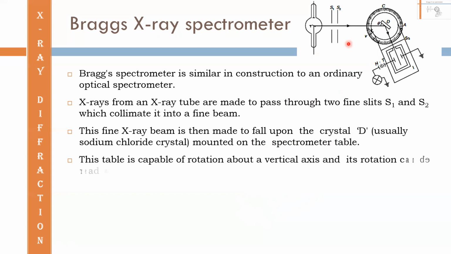And this table is capable of rotation about a vertical axis, and its rotation can be read with the help of the vernier V and a circular scale C.